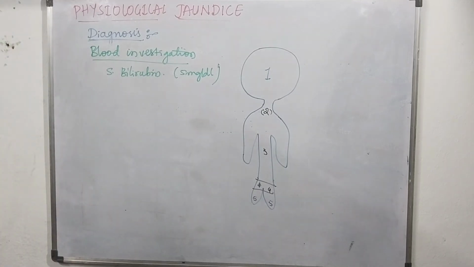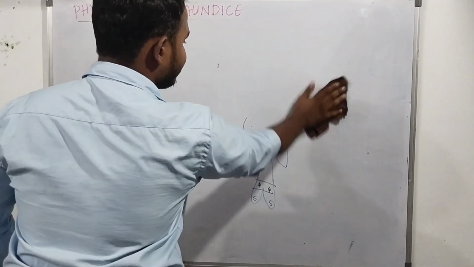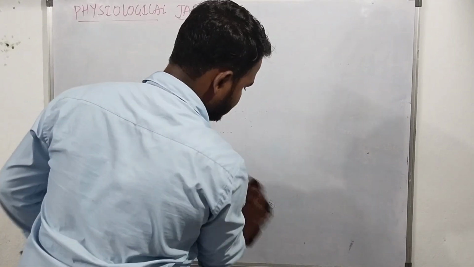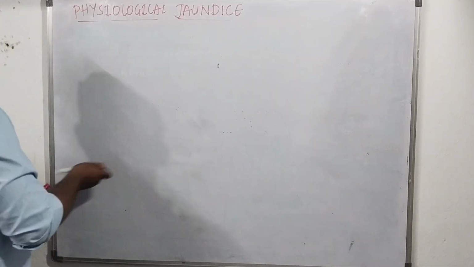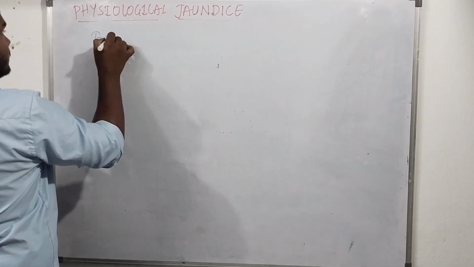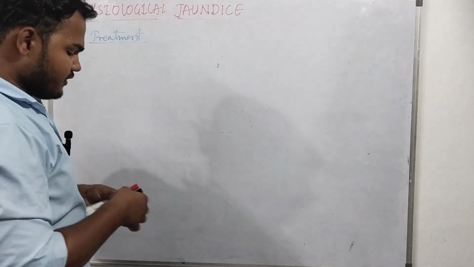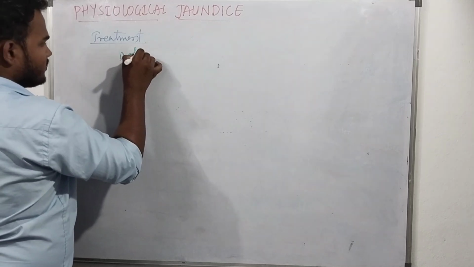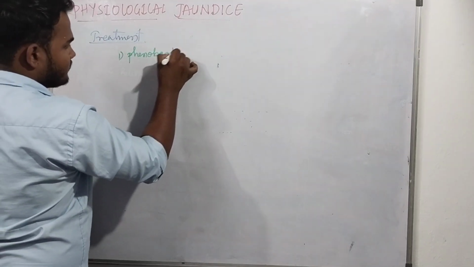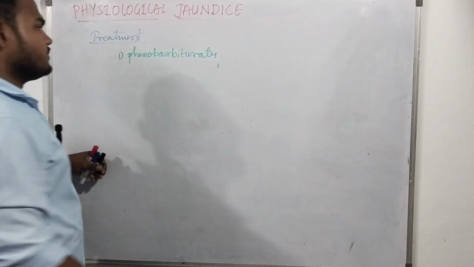Okay. Now, what are the treatment modalities? Now we discuss the treatment modalities of physiological jaundice. It includes pharmacological treatment. In pharmacological treatment, one is phenobarbital. Why is phenobarbital given here?